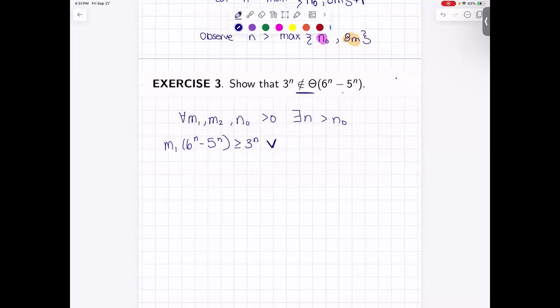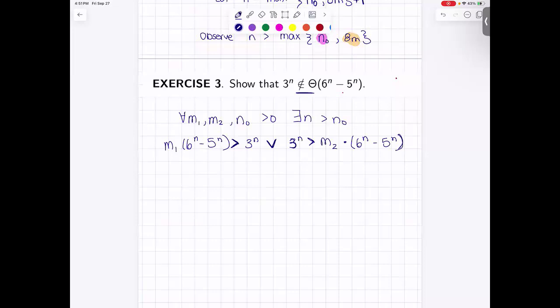Oh, it should have been less than or equal to. This is why I always write it out first the right way and then negate it, because here I am confusing myself. So the negation will be m1 times 6 to the n minus 5 to the n is greater than 3 to the n, or 3 to the n will need to be greater than m2 times 6 to the n minus 5 to the n. There we go. That's our negation.